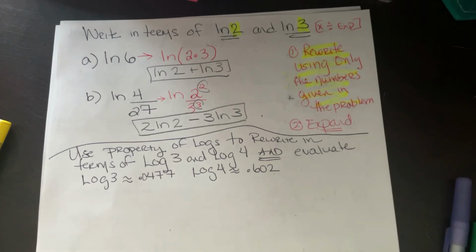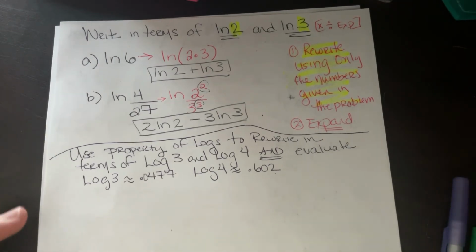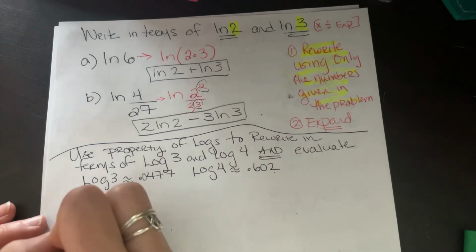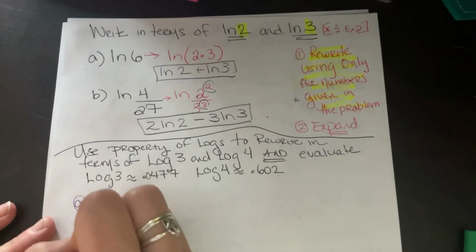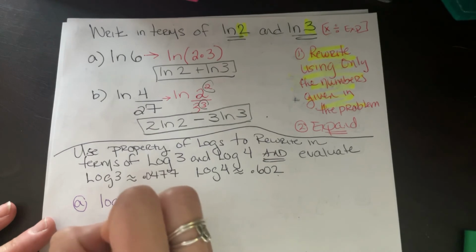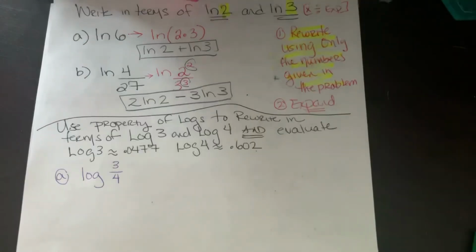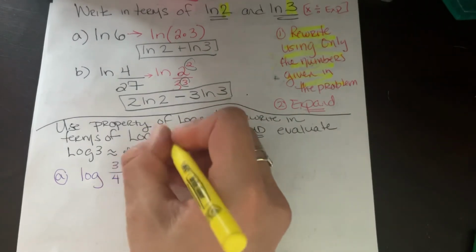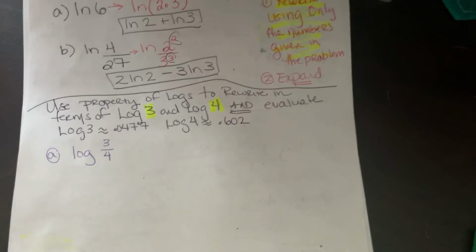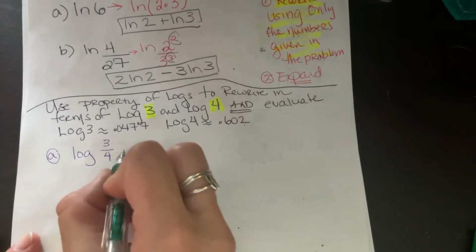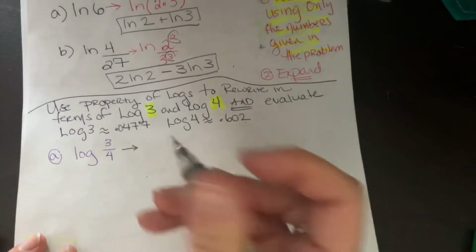Okay, so here we go. Question 1. Easy one first so you guys understand. Here we go, what we did before. So we want to be able to get it. So you have a 3 and a 4. Well, beautiful. The first one's already done. We have a 3 and a 4. So expand. What's division?